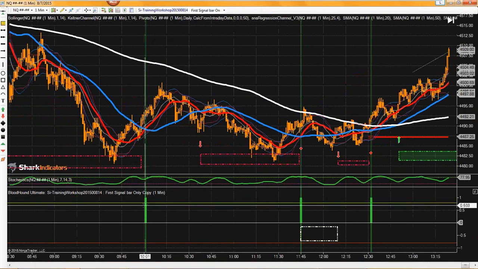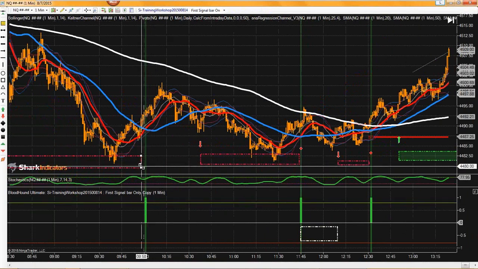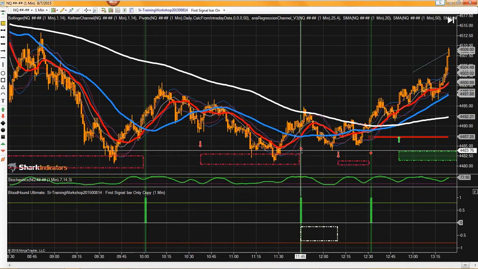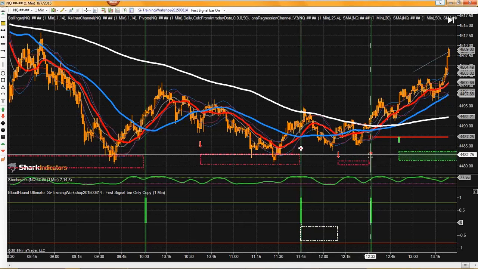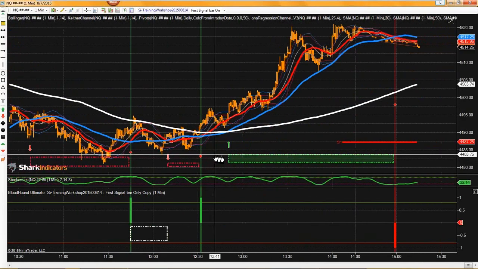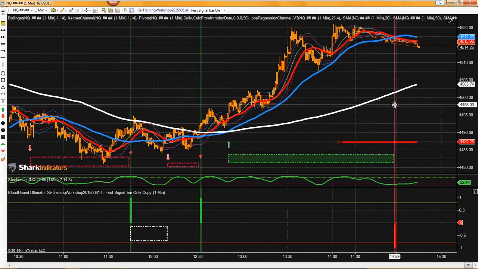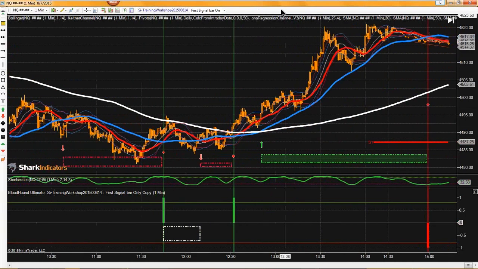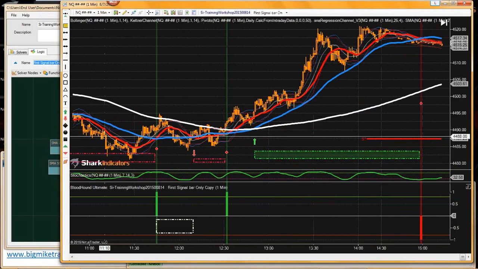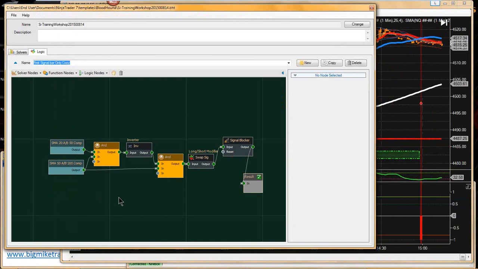We have signals now when there's a blank area, when the no signal started. So we got an exit signal on that diamond, and on that diamond there. Let me give this a name here.